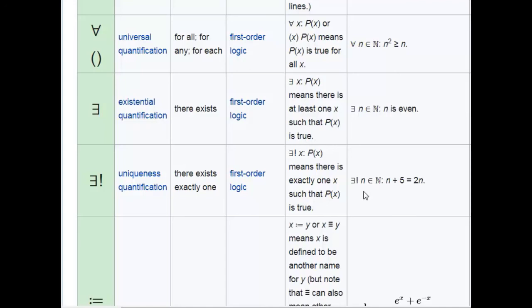For example, there exists exactly one n belongs to natural numbers, n plus 5 is 2n. Here we have exactly one solution of this equation. It is, for example, n is 5 here, if you solve it.